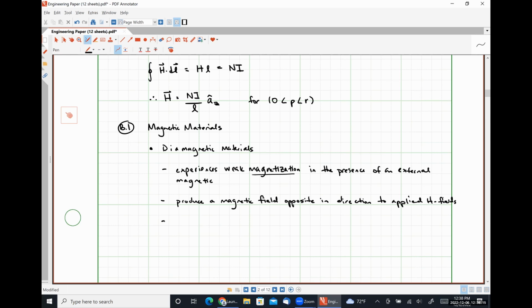Some examples of diamagnetic materials are copper, gold, silver, water, glass, and salt, okay? That's one thing that I find incredibly interesting about the properties of magnetic materials, is that they don't make nearly as much sense, at least to me, as the electrical properties.